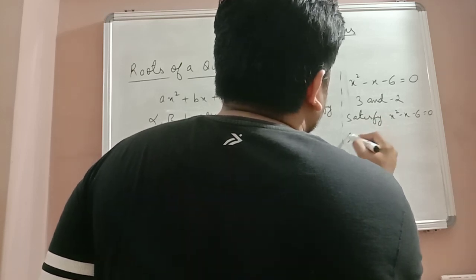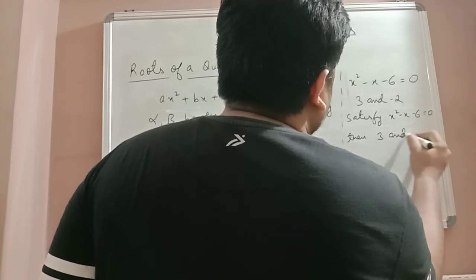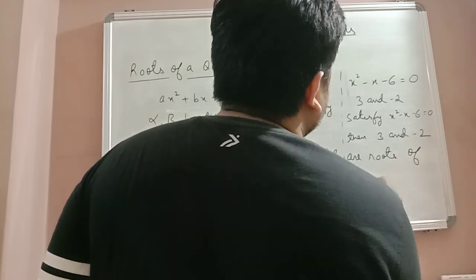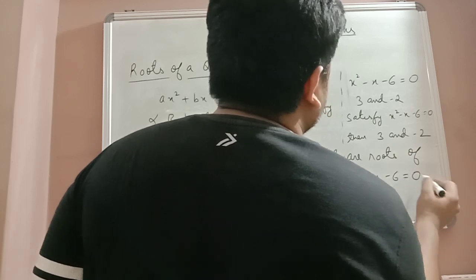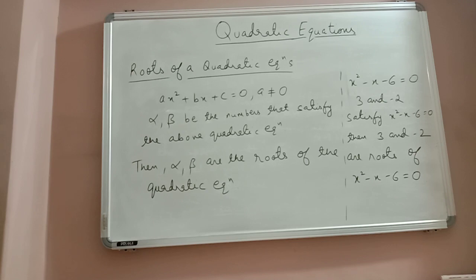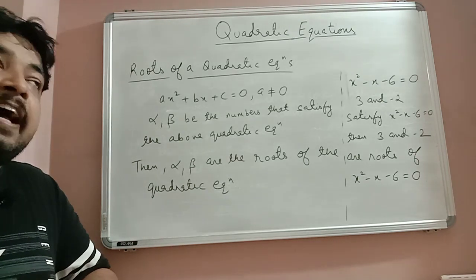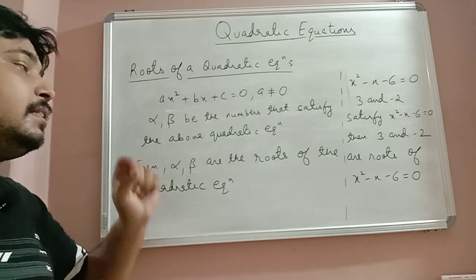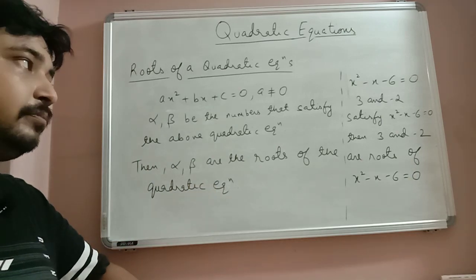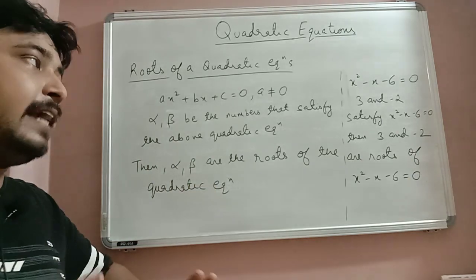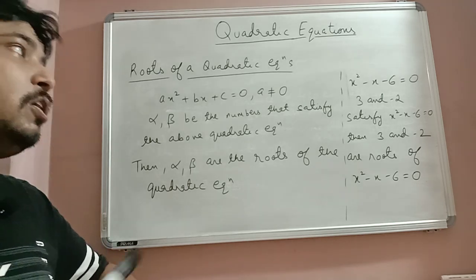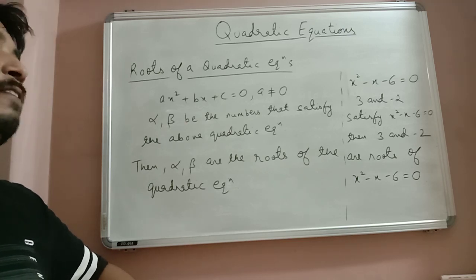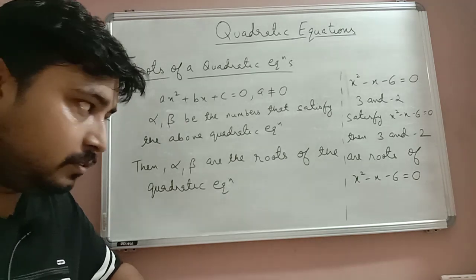Then we can say that 3 and minus 2 are roots of the equation. So the values of x for which the quadratic equation is satisfied are the roots of that quadratic equation. Now a quadratic equation can have at the maximum 2 roots, because a quadratic equation is formed by a quadratic polynomial, and a quadratic polynomial can have at most 2 zeros.